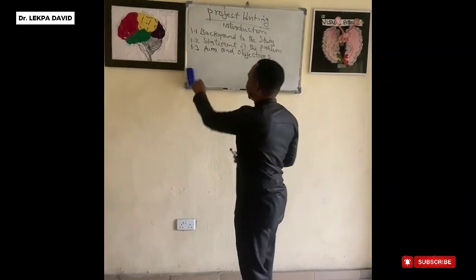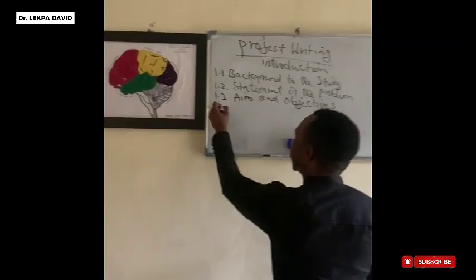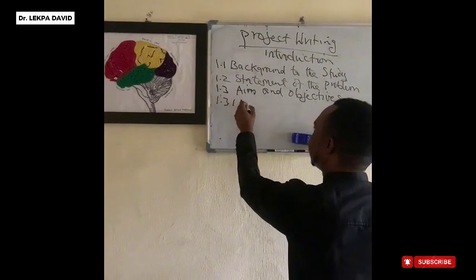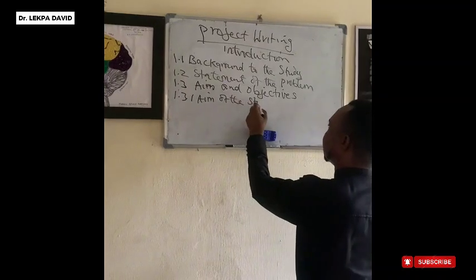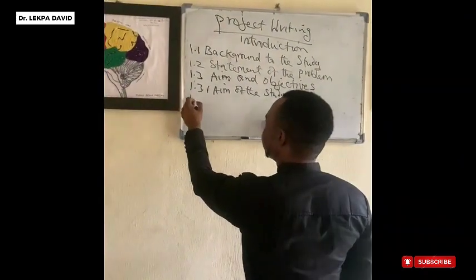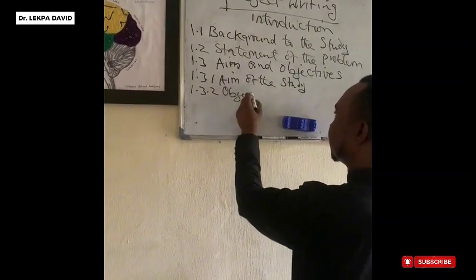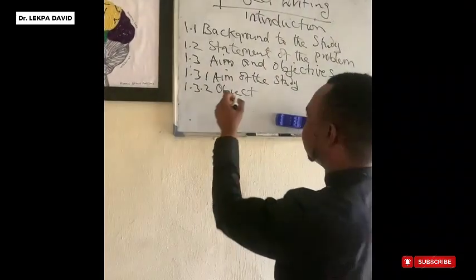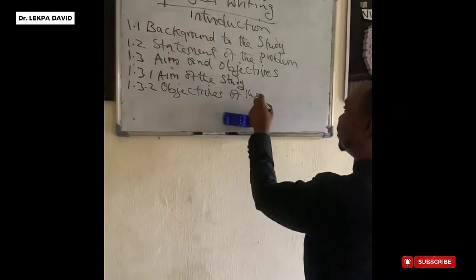Now, come here and say 1.3.1 and say aim of the study. So you state the aim there, and then you come and say 1.3.2 and say objectives. Remember, I do not say specific objectives. Objectives of the study.